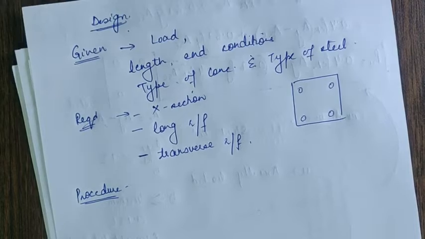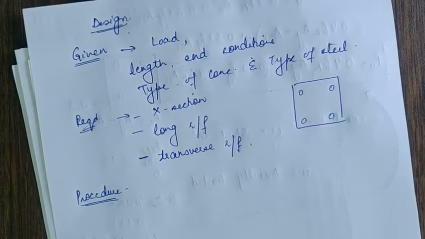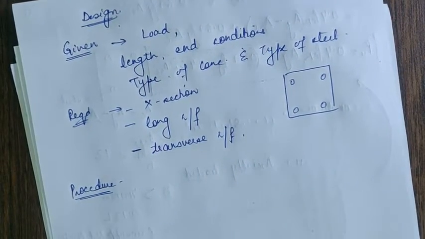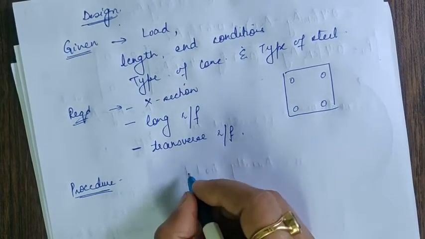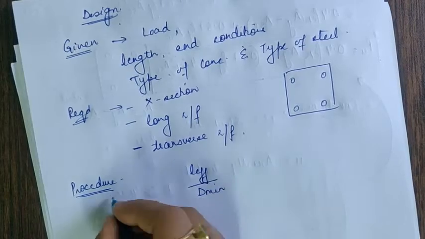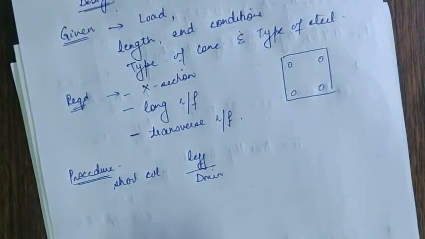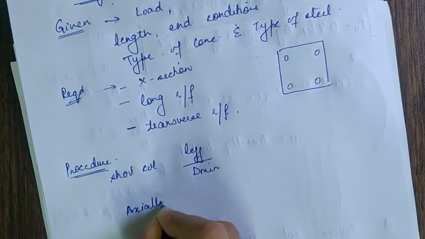The first step will be to find out whether it is a short column or not. This will depend upon L effective upon D minimum. Then we will have to judge whether it is axially loaded or not.